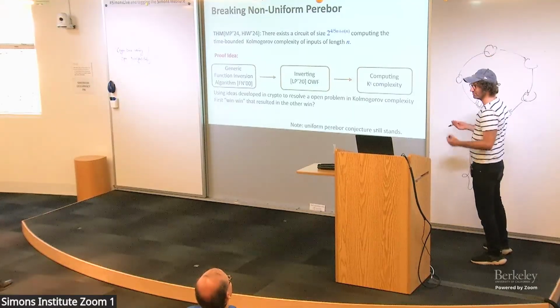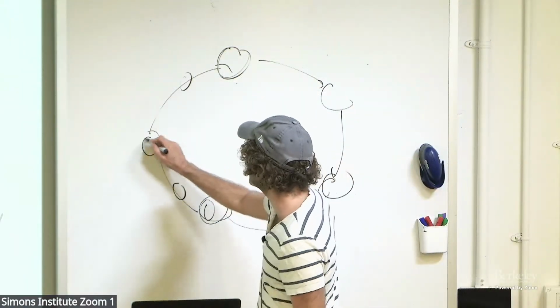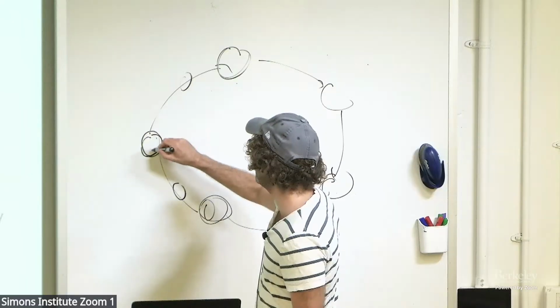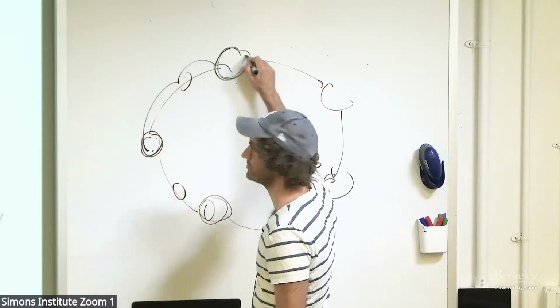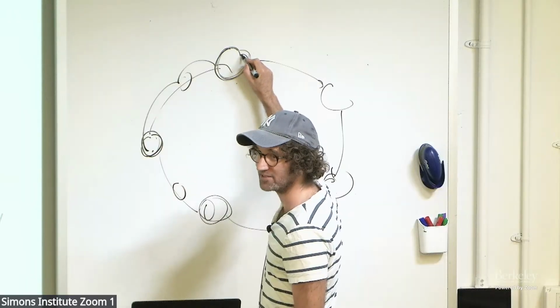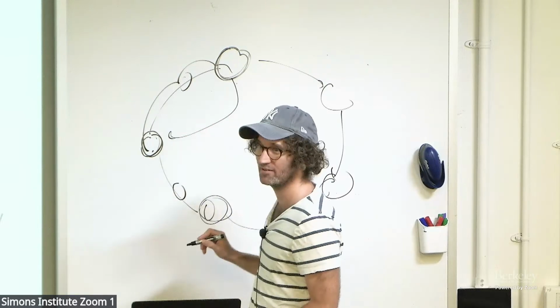Whenever I get my input that I would like to invert, let's say my input is here, I'm going to apply the function f and start walking around here until I find a special point. When I have a special point, in my list of special points, I'm actually going to store a back pointer.